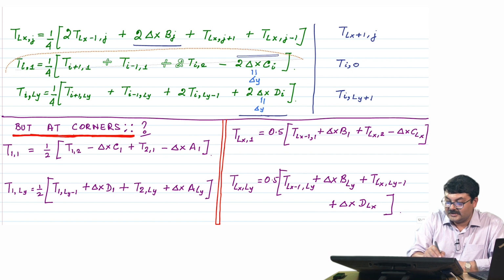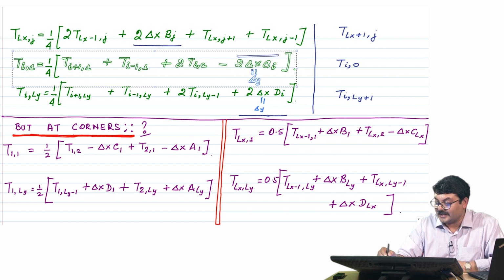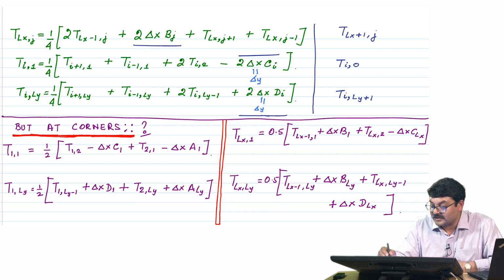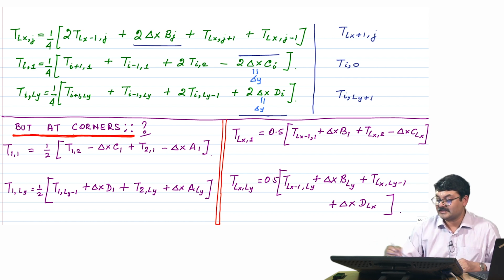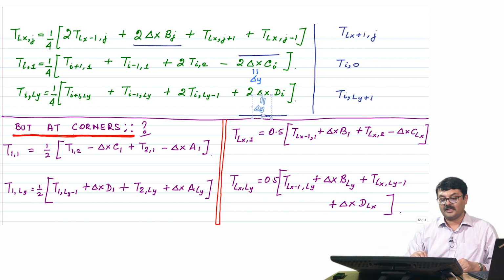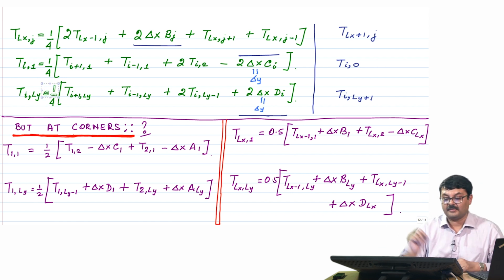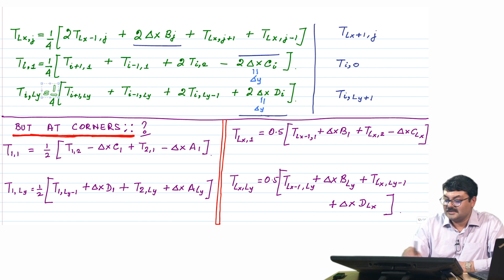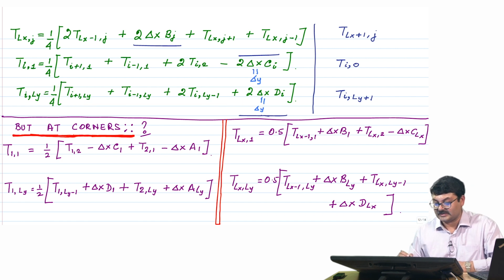You have this expression where you see that C i is sitting here, and note delta x equal to delta y, the value of delta x is also sitting here basically, right. So, you get these expressions, and similarly for the other boundary you have this expression where you have D i, and note delta x equal to delta y, and that is why we have this 1 by 4 factor, and these are all terms which you have access to.